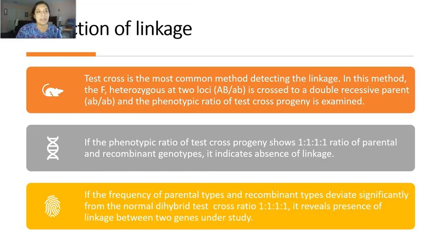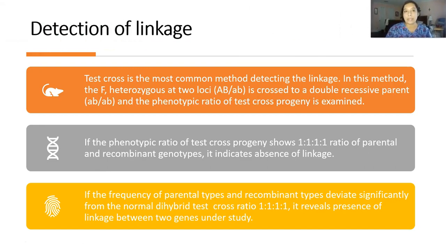So to detect linkage, we do a test cross. This is the most common method, where we take our F1 heterozygous at both loci, the way we just looked at, and cross it with a double recessive parent, and then we look at the progeny that we get as a result. So we have one individual heterozygous for both genes, both loci, and the other parent is completely recessive. And then we look at the phenotypic ratio.